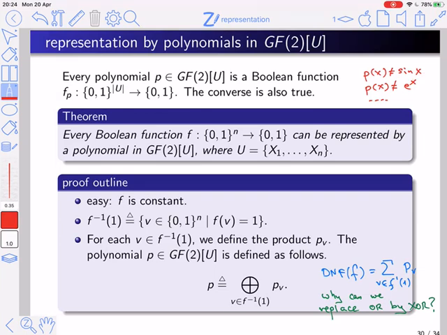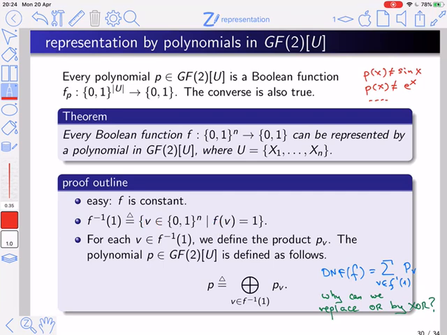Okay. So I look at my Boolean function and I consider the following cases. If f is constant, then clearly it can be expressed by the polynomial, which is the constant, right? So this is easy. Now, if f is not constant, let me look at the pre-image of 1. This is a set of all strings v such that f of v equals 1.